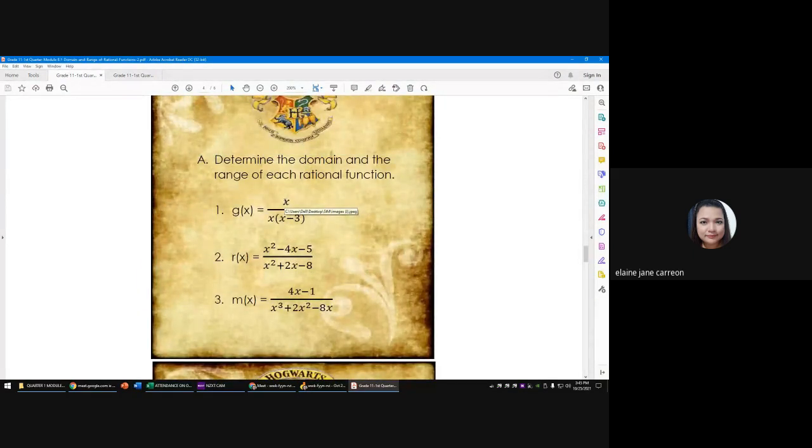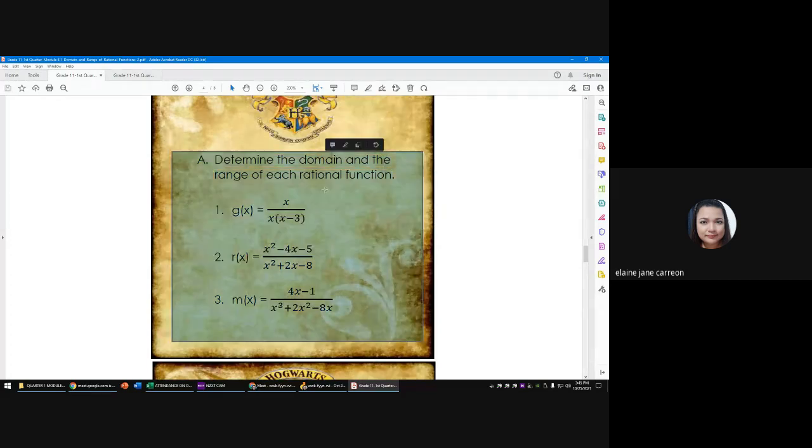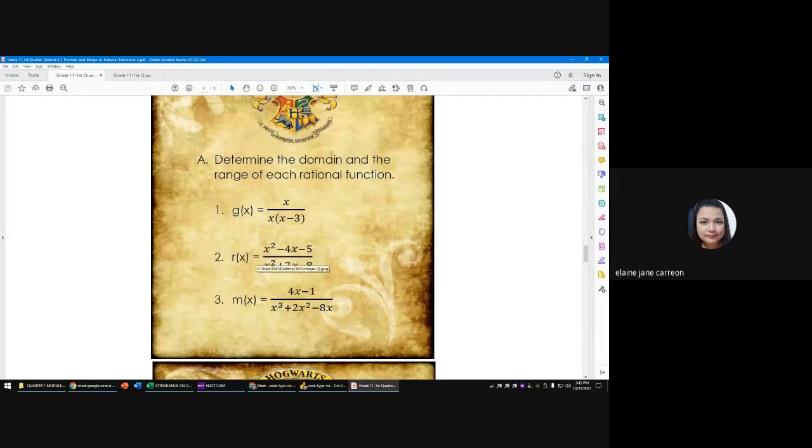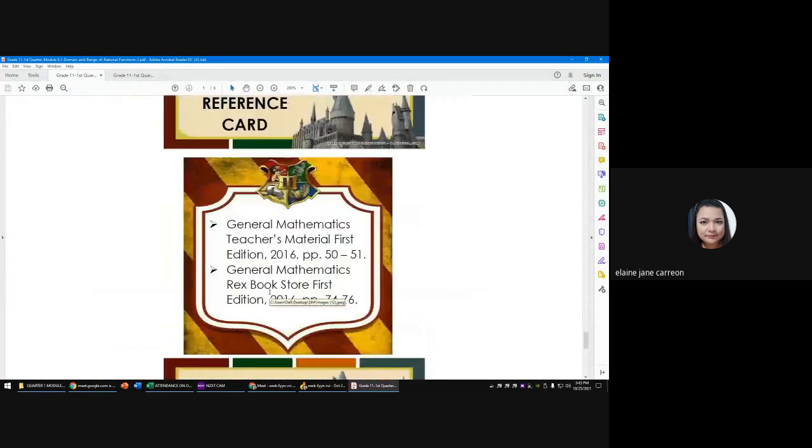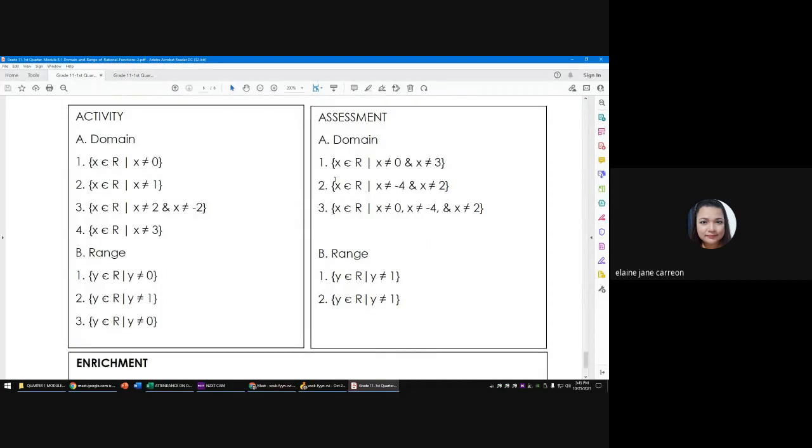Now, in finding the domain, tingnan nyo dito, mali yung instruction. Determine the domain and range of a rational function. Pero kung titingnan mo yung sagot, domain lang to. So, wala siyang range.